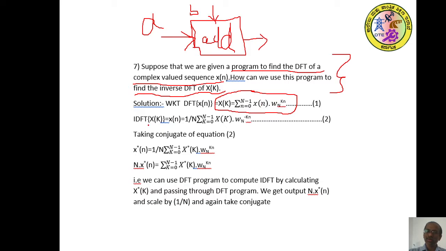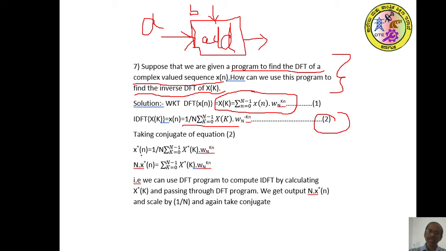Take one more formula called IDFT. We know this also. For this equation 2, that is the IDFT formula, take complex conjugate on both sides. See here, this becomes x star of n, 1 by n no change, summation no change, x of k will become x star of k, omega n power minus kn will become omega n power plus kn.